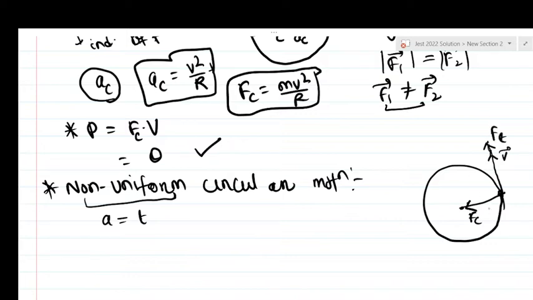So there will be two accelerations, the centripetal acceleration and the tangential acceleration. If you draw the resultant acceleration, making an angle theta with the tangential direction, the resultant acceleration will be the square root of a_t square plus a_c square.